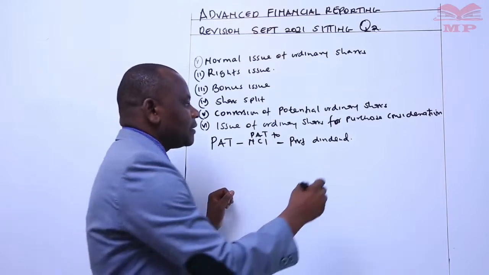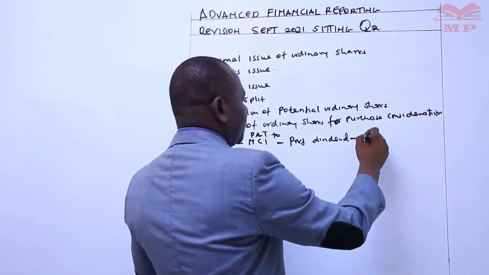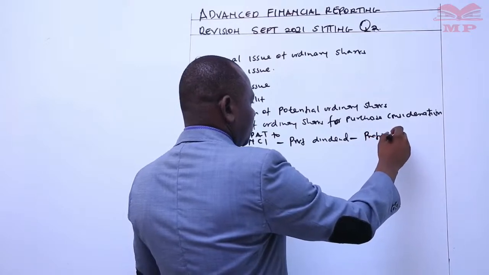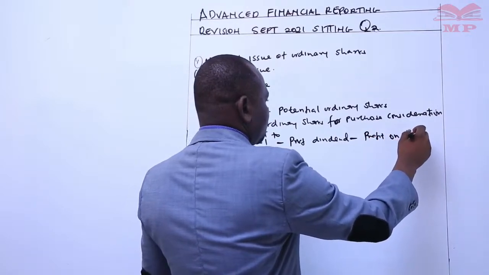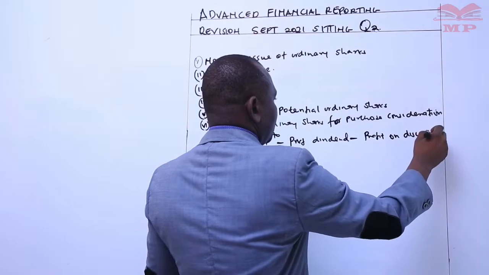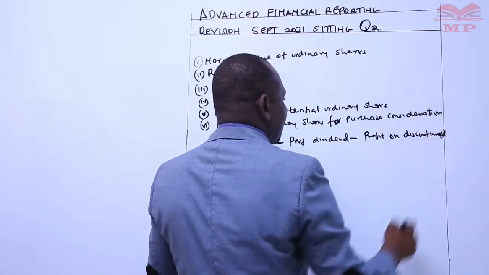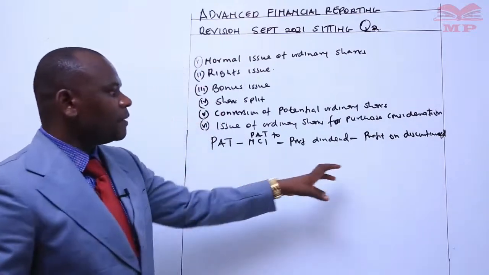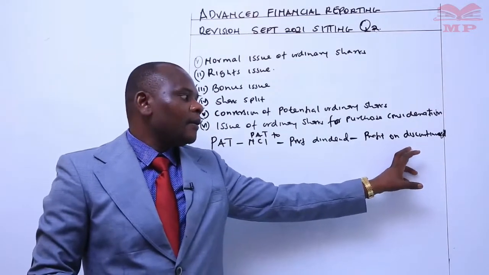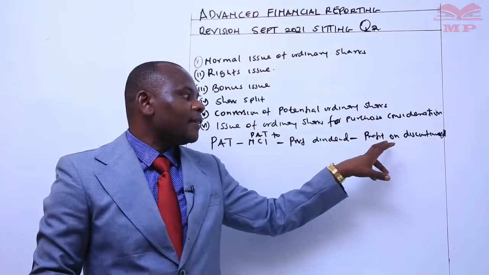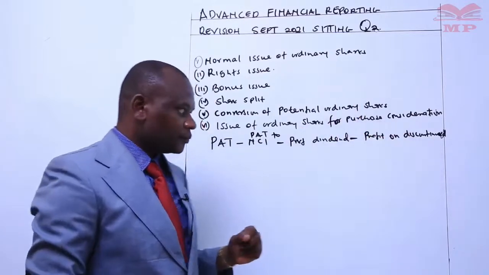And also we minus profit on discontinued operations, meaning operations or business lines that the company has sold.